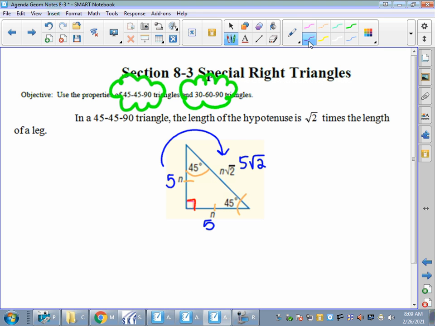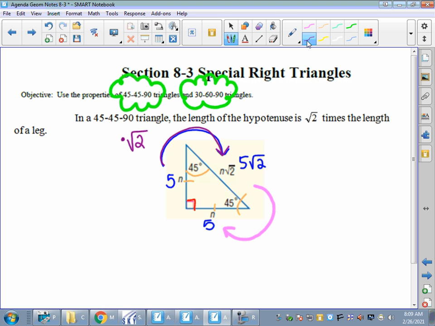So to get from a leg to a hypotenuse in a 45, 45, 90, you just multiply by a square root of 2. Easy. Done, right? Super shortcut. So what about if I want to go from a hypotenuse to a leg? What if I want to go in this direction?